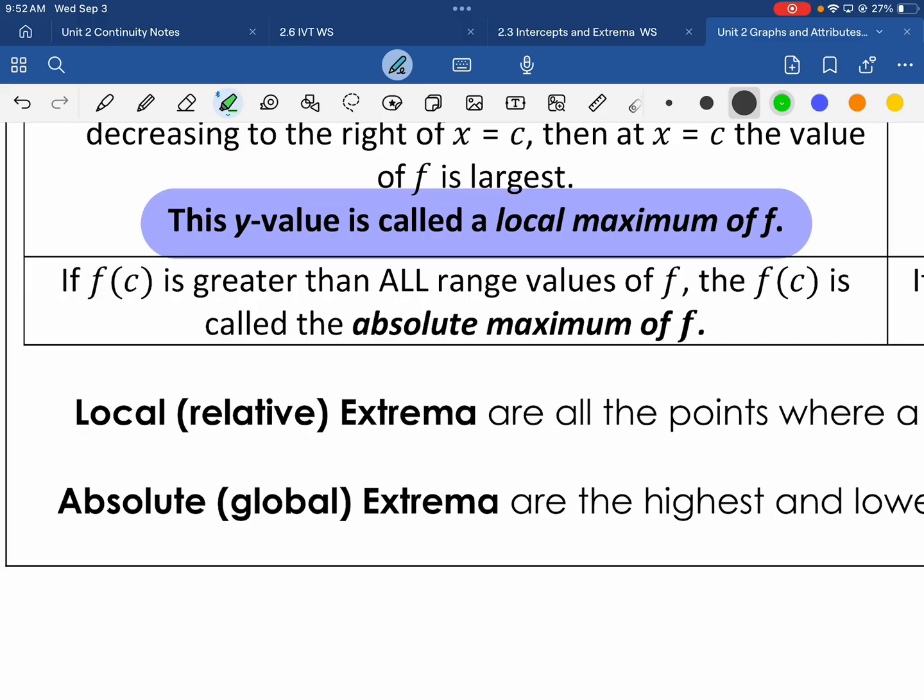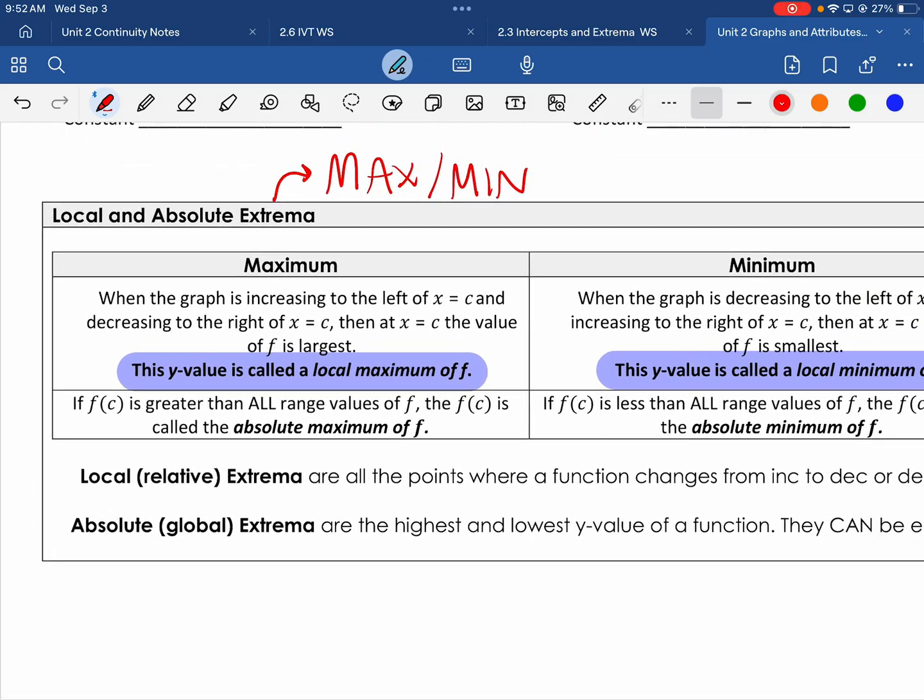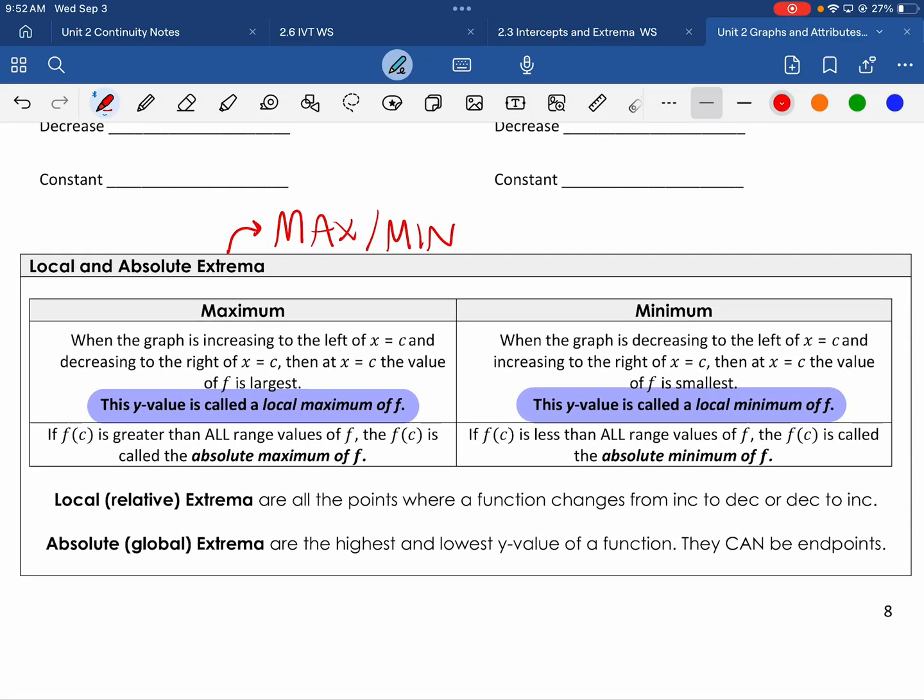So when you have lots of waves and you've got lots of humps and valleys, like this, you would have maximums here and here, and you'd have minimums here and here. Does that make sense? But when you're talking about absolute, I'm talking about the highest point on my graph, the lowest point on my graph. And the big difference for relative and absolute is that absolute can also be endpoints.